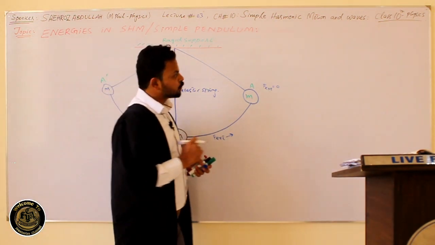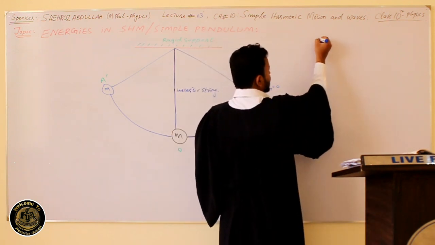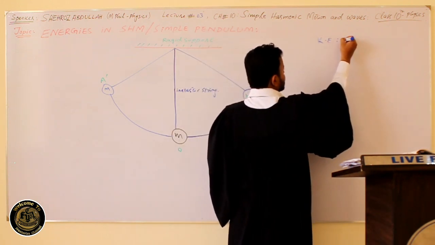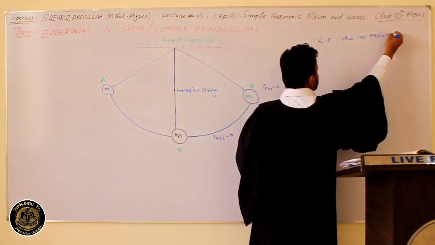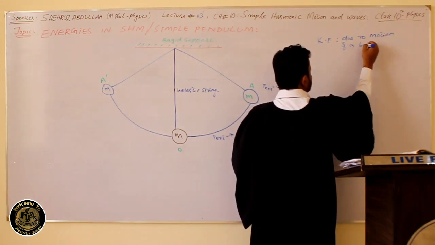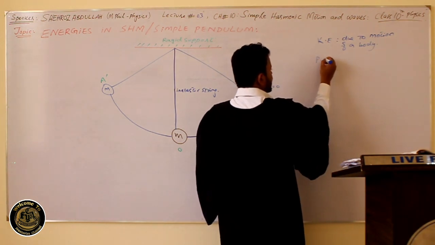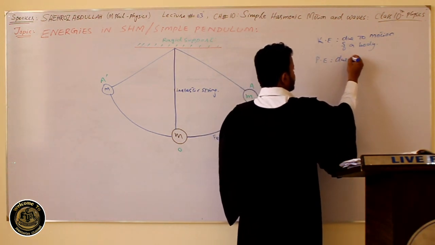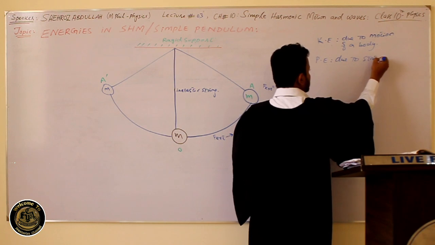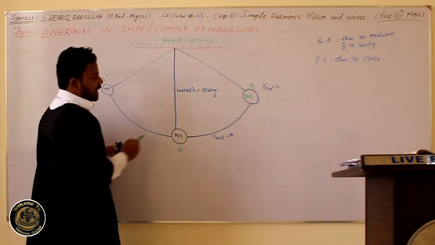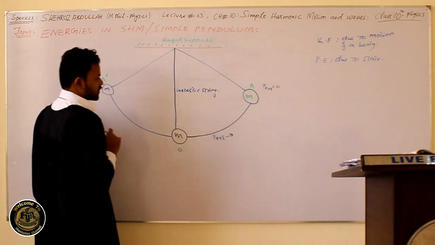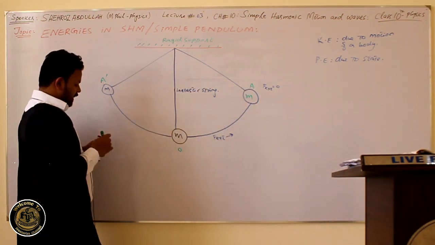Now look, there are two kinds of energies: kinetic energy due to motion of a body, and potential energy due to state.